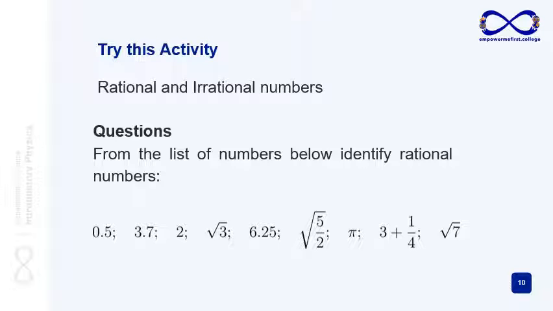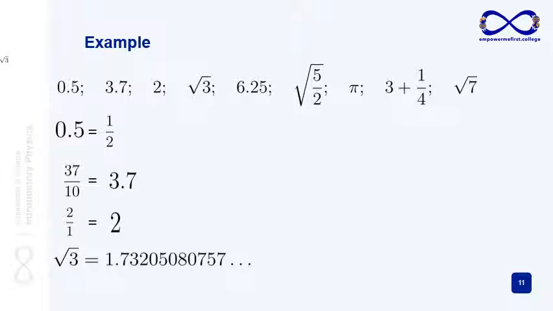Now you can try this activity on rational and irrational numbers. I've given you a list of numbers below that I want you to identify as rational numbers. Let me give you an example of how you can determine whether a number is rational or irrational.